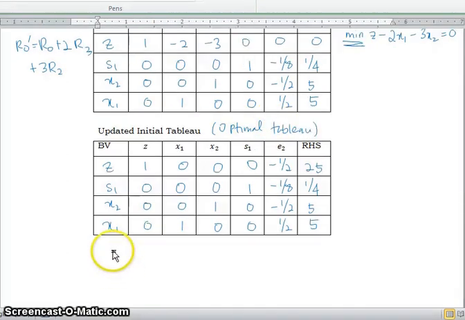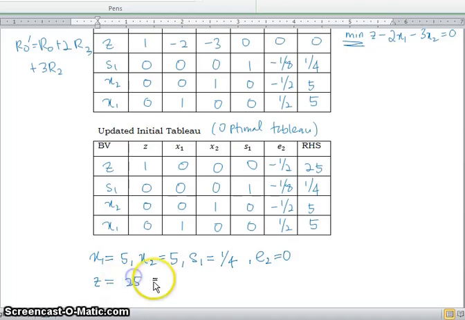The optimal solution for this problem is x1 equals 5, x2 equals 5, s1 equals 1 over 4, e2 equals 0, and the optimal value is z equals 25. That's all about the two-phase method. Thank you.